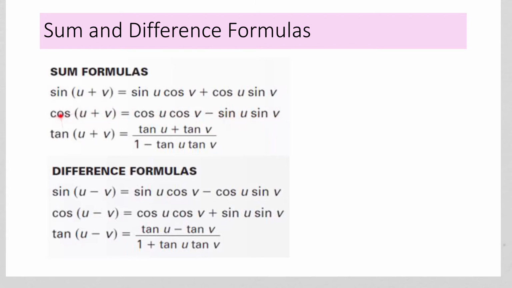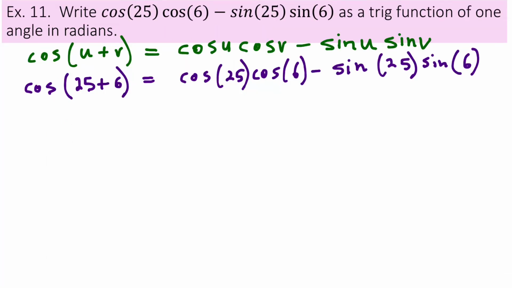So I need this formula here to help me simplify this problem. So I wrote it all out. I've got the cosine of u plus v, so u is 25, v is 6, so you can see this matches up right here. So this is simply the cosine of 31 degrees.